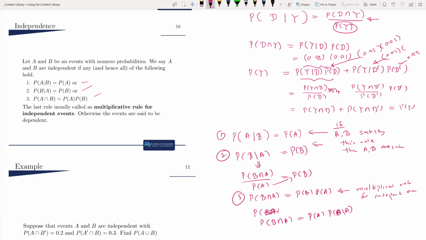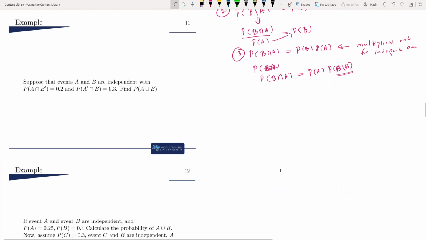But if they are independent, then this turns out to be just probability of B. So here you can find another example: A and B are independent. Now, by the way, independent and mutually exclusive are two different concepts.